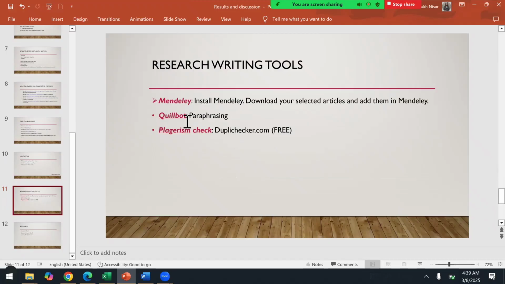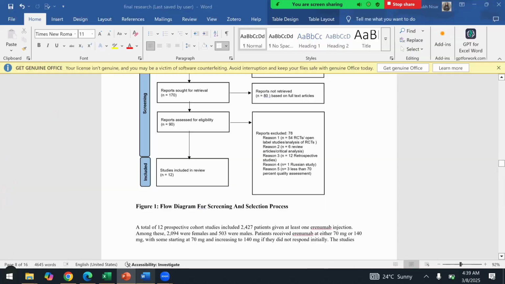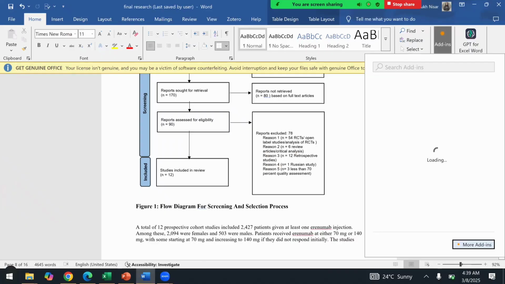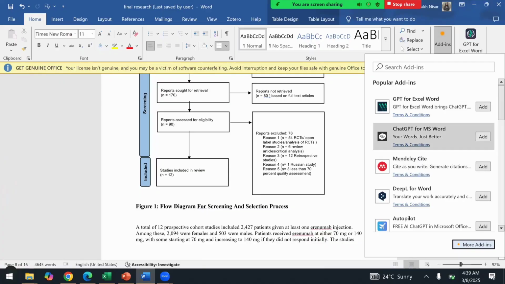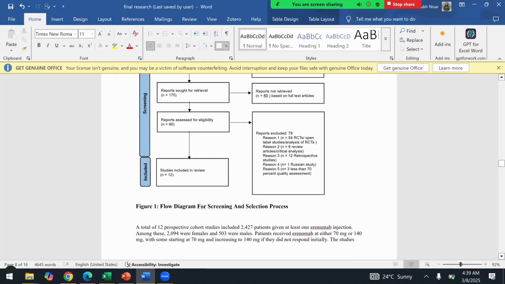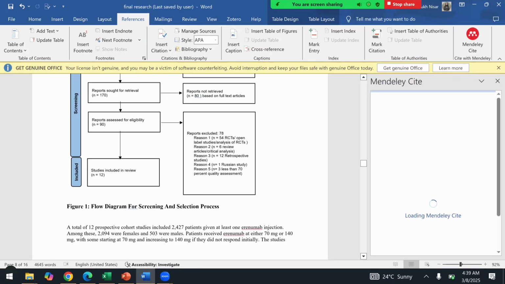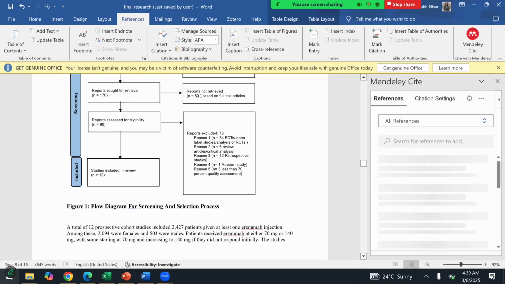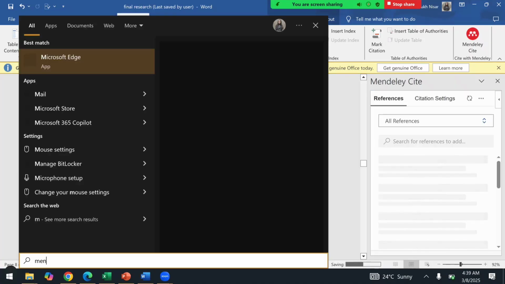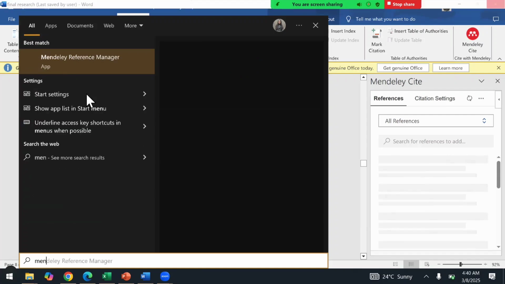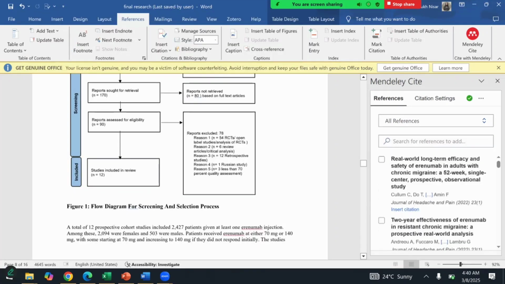These are the research writing tools that you would be using for writing your research paper. One is Mendeley. So you have to go to Word, add-ins, and Mendeley site, add it here. Now you have to open Mendeley, download the Mendeley app.